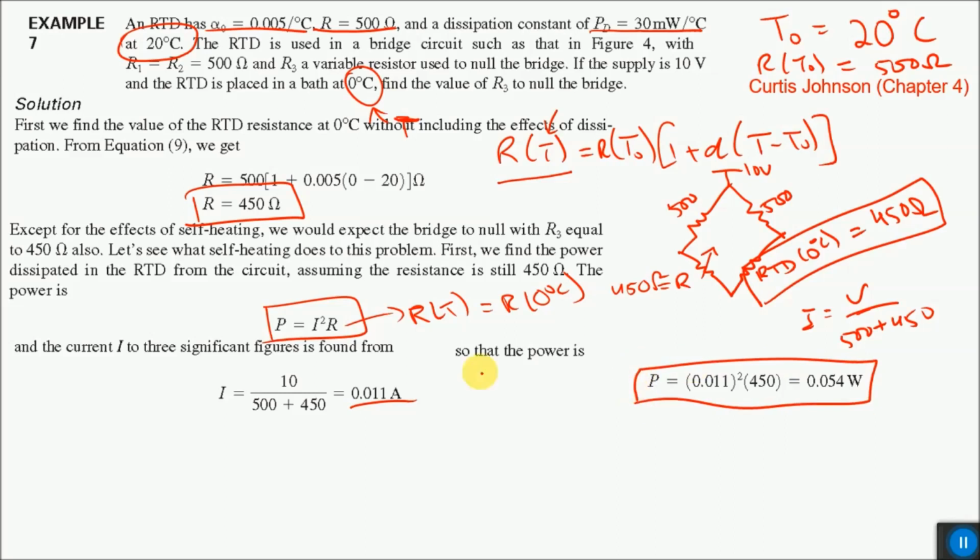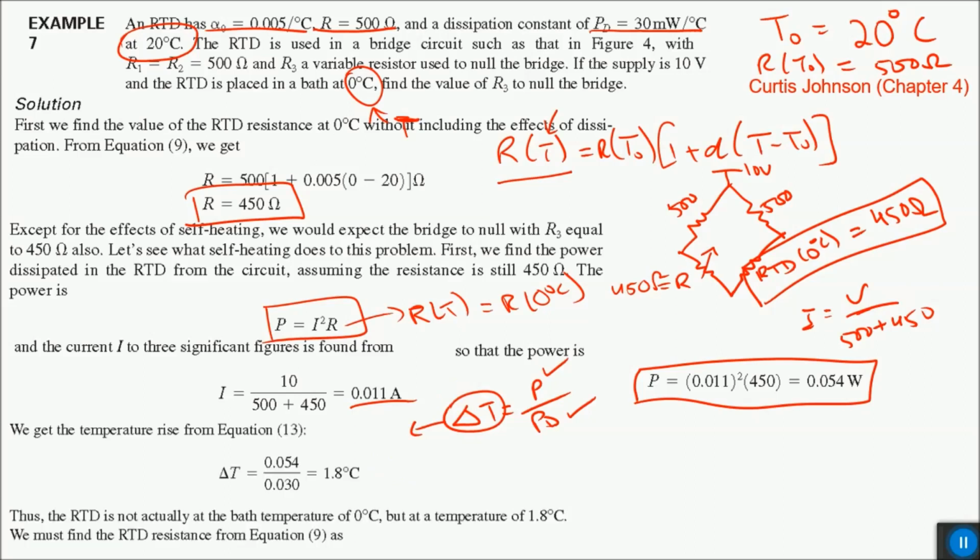And now using the formula, del T is equal to P over PD. We already know the dissipation constant. Now we know the power, so we can know how much the temperature rose because of this self-heating. So that del T comes out to be 1.8 degrees Celsius. Thus, the RTD is not actually at the bath temperature of 0 degrees, but due to self-heating, it is now at 1.8 degrees.